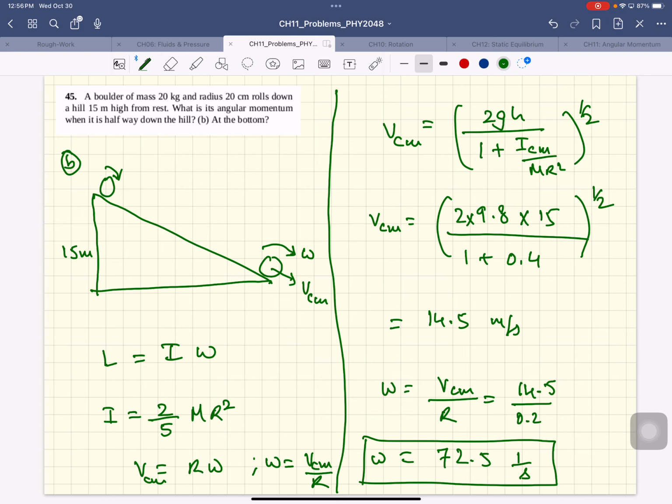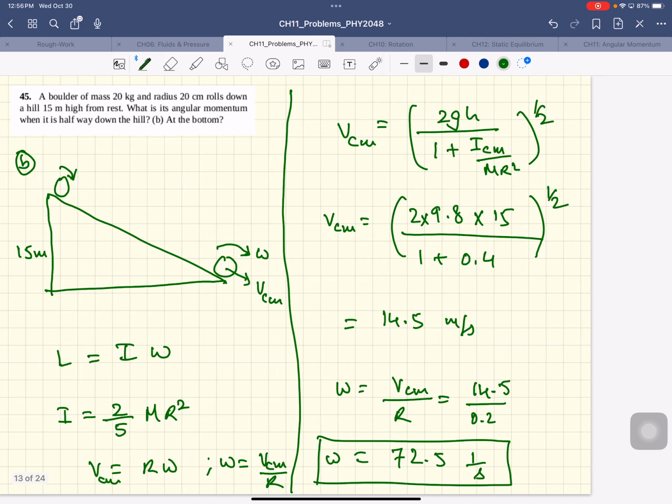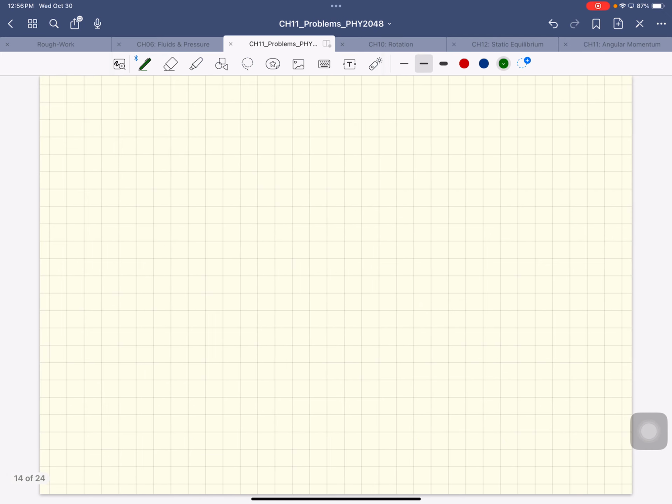That's the angular velocity. And so the angular momentum will be I times omega, which is 2/5 mr squared times omega.